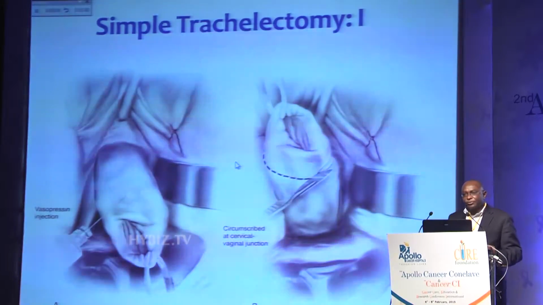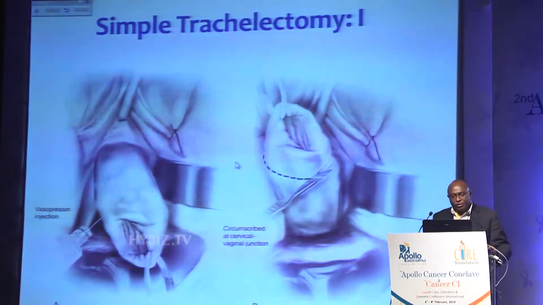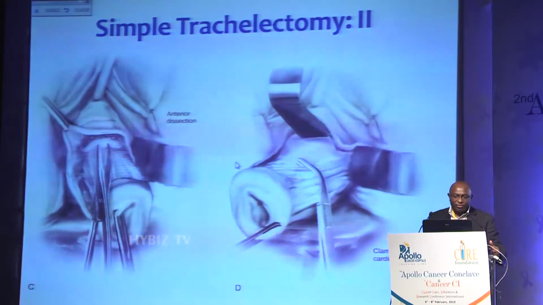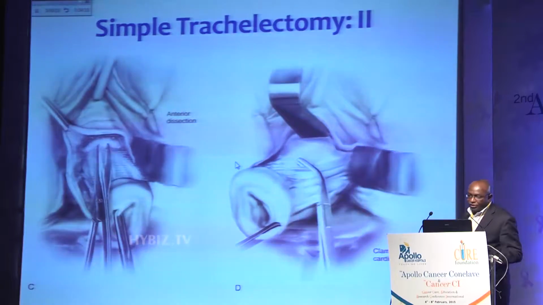So how do you perform this procedure? It's really almost similar to your approach at performing a vaginal hysterectomy or a Manchester Fothergill operation. So basically, you start out by injecting vasopressin, make an incision around the cervix, and try and dissect off the bladder as much as possible anteriorly, the rectum posteriorly, and then here is clamping of the cardinal ligament on each side.